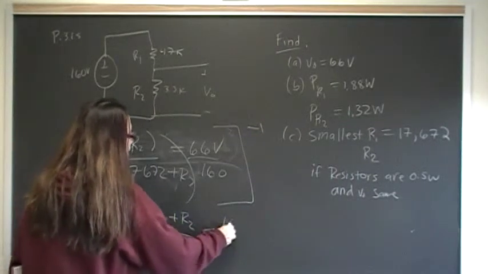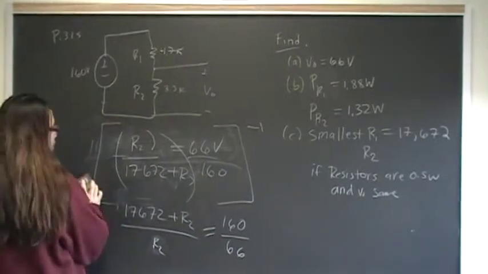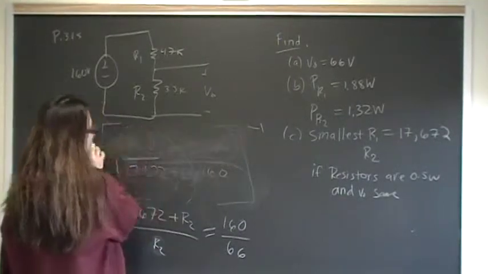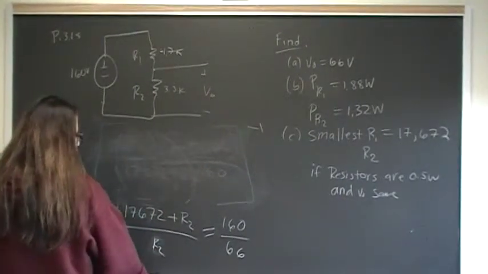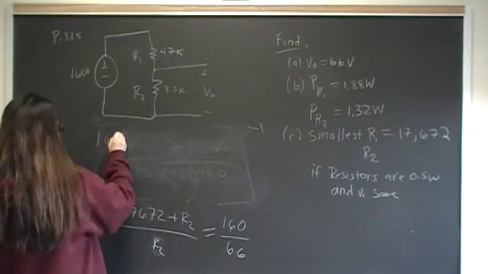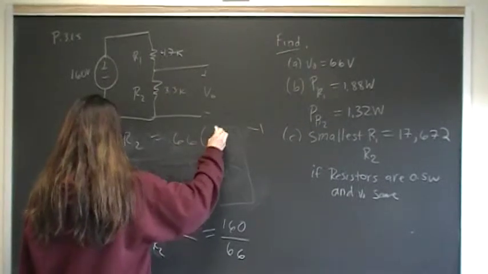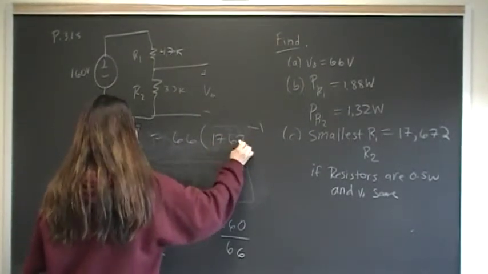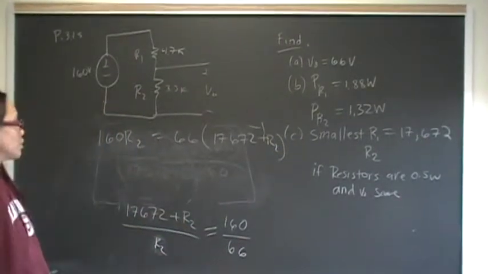That's equal to 160 over 66. Now, this is just algebra from this point solving for R2. You can cross multiply and get 160 R2 equal to 66 times 17,672 plus R2. I'll leave the algebra to you.